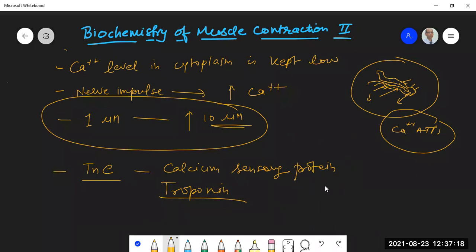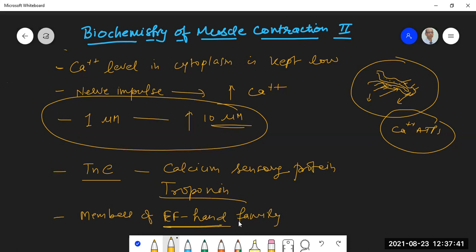And I told you one of the characteristics of calmodulin and other calcium sensory proteins is that they are members of the EF-hand family, meaning they have this characteristic motif in their structure.